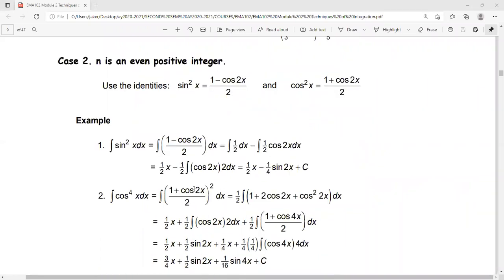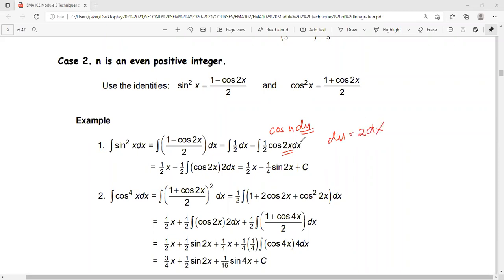So for our example, you have here the sine squared of x dx. So we convert by using the identity that we have here. Next, we split this into two terms in which 2 is the denominator. If you're going to process this, that's 1/2 x. If you're going to process this, your u here is equivalent to the simple trigonometric function cosine u du. However, du means the derivative of the u. And what is the u of your cosine function here? It's 2x, so your du should be 2 dx.